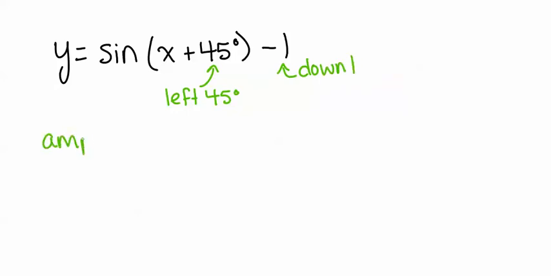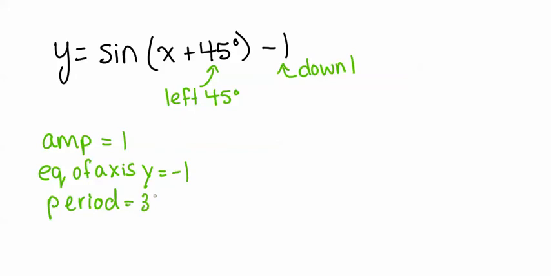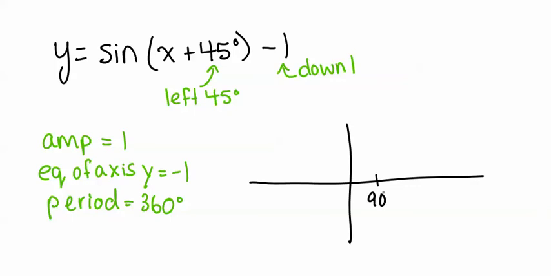So my amplitude is still 1. My equation of axis is y equals -1. And my period is still 360. Okay, so sketch that at 90, 180, 270, and 360.